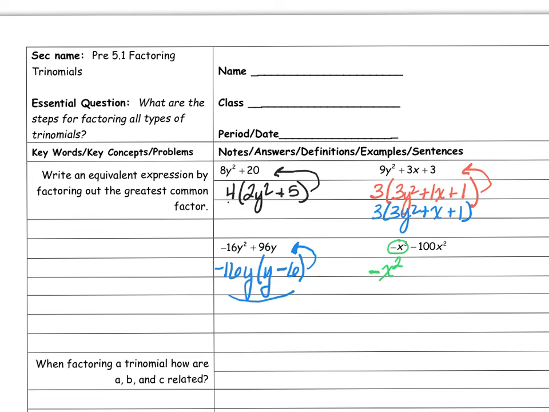So if I factor out a negative x squared, times what gives me negative x cubed? Well, that would be x. And then plus, because I'm taking a negative out of a negative, is a positive, positive 100. And then if I distribute this back out, I get this. So I've got the right answer. Negative x squared times x plus 100.